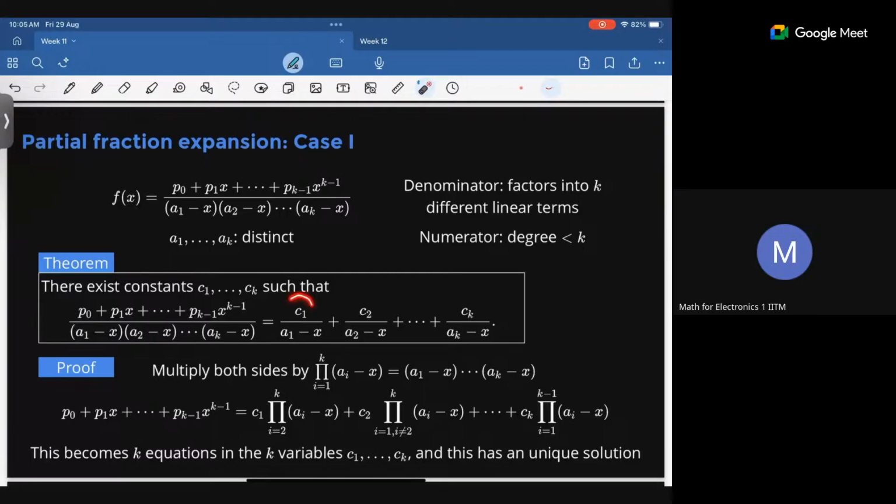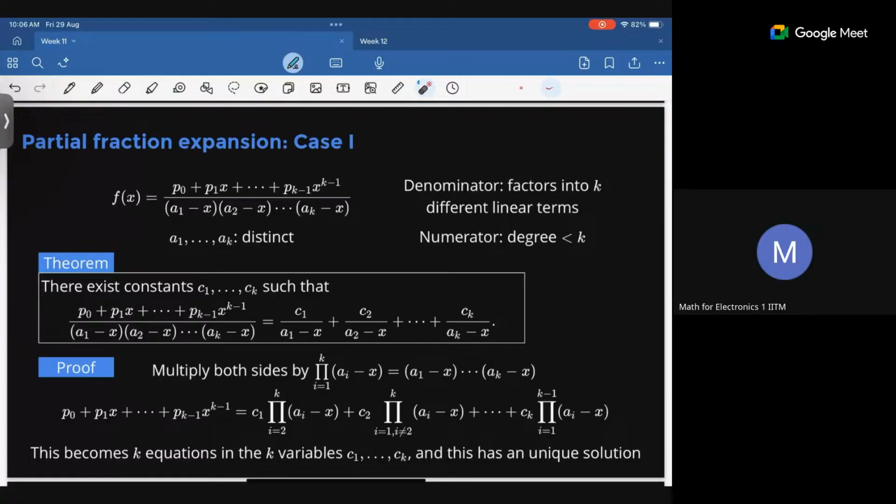What are those terms? The terms are c1 by (a1 minus x) plus c2 by (a2 minus x) plus and so on. There will be k constants c1 to ck such that this f of x, this rational function, can be written as a sum of k terms, and each term will have in the denominator only one factor. Right? So the first term has only a1 minus x, the second term has only a2 minus x, the third term has only ak minus x.